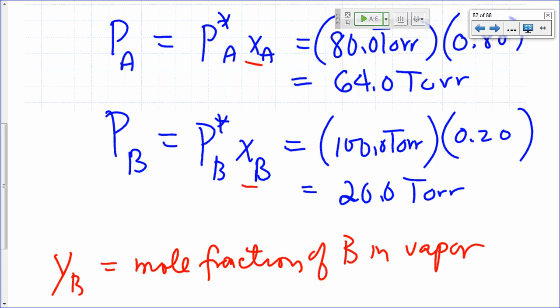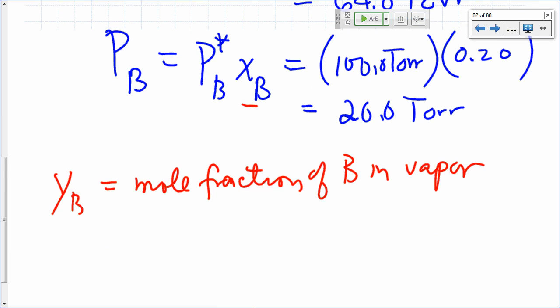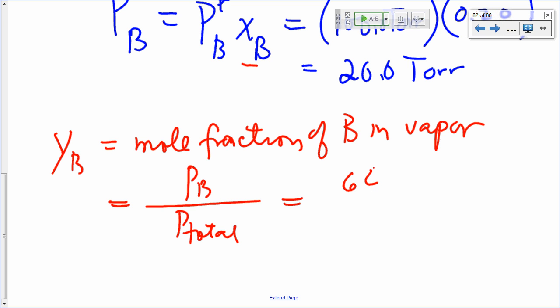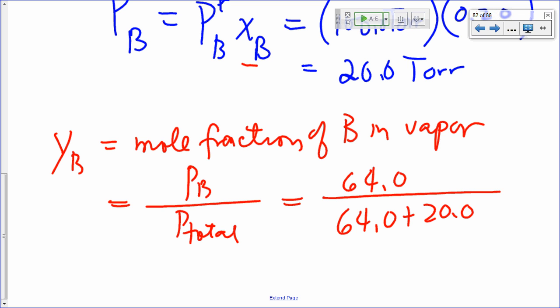And if you remember your earlier class, Chem 105, this is just going to be partial pressure of B over the total pressure, right? So that's going to be equal to 64.0 over 64.0 plus 20.0. P total is just PA plus PB.